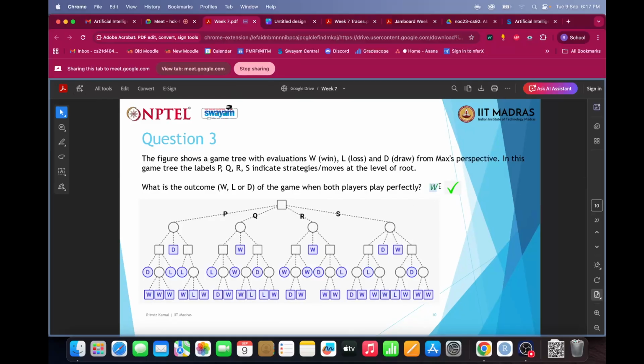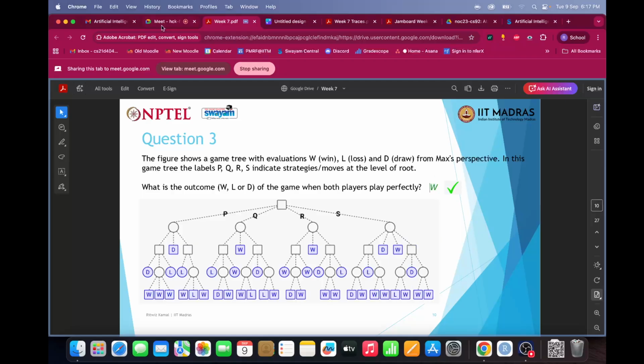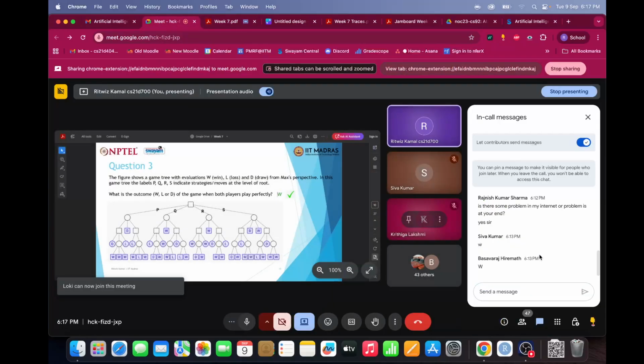Win is the outcome when both the players play perfectly. Any doubts there on how we fill the game tree? Okay, great. If not, then let's move ahead.